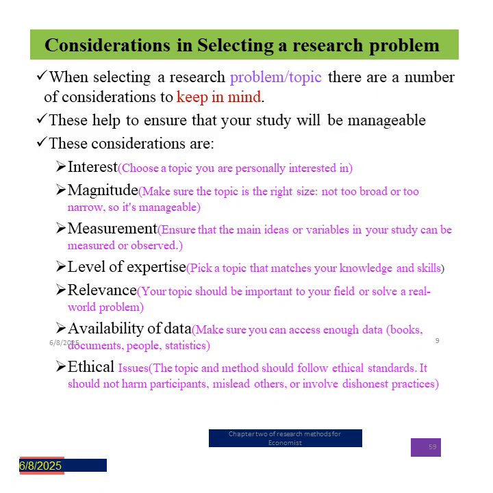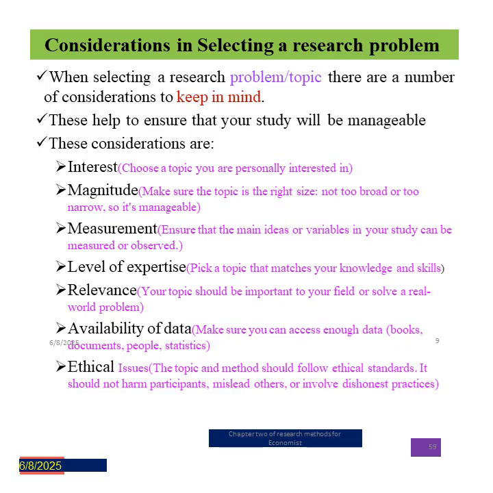Pick a topic that matches your knowledge and skill. Otherwise, if you can't select your topic based on your skill or knowledge, it is difficult for you to conduct research. That is why level of expertise should be taken into account while selecting a problem.